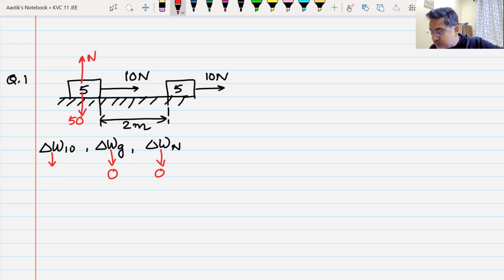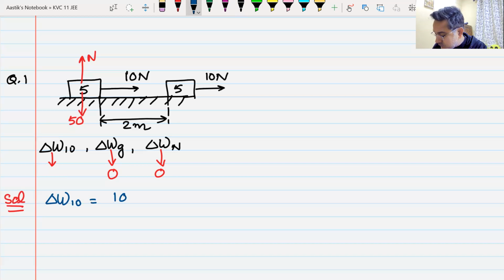Minus 20. How did you get minus? 20. So work done by this 10 Newton force. I thought that you will understand everyone. I did not think that I will have to do this question for you. Anyways, work done by this 10 Newton force.